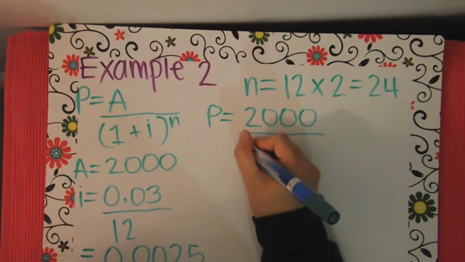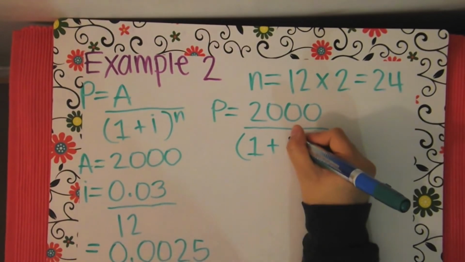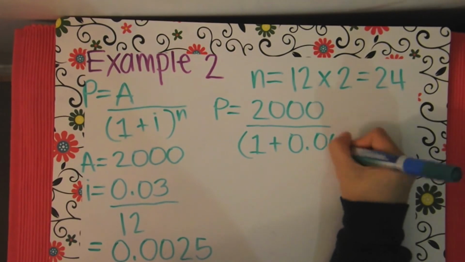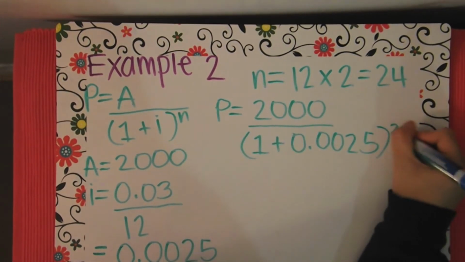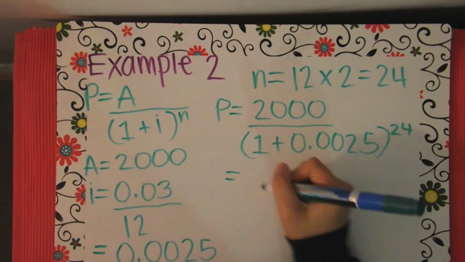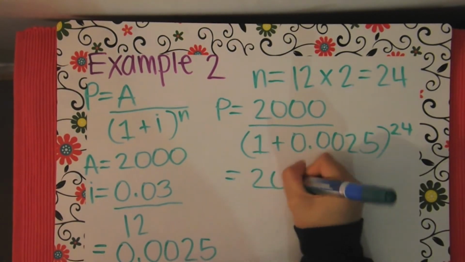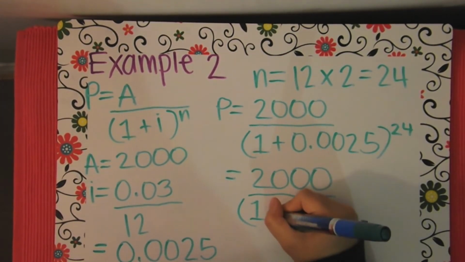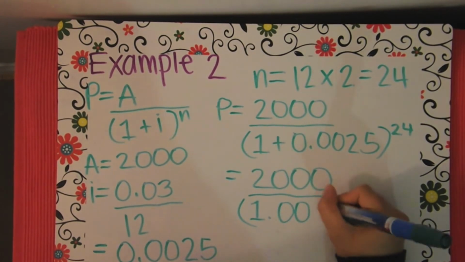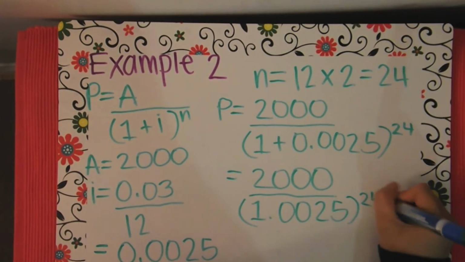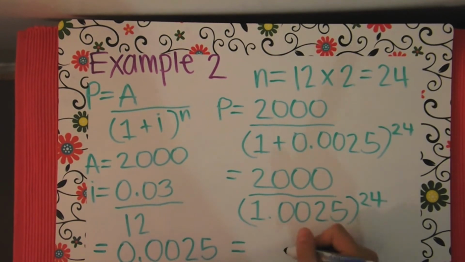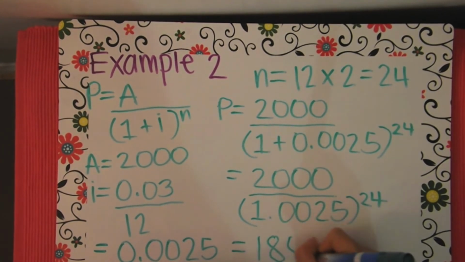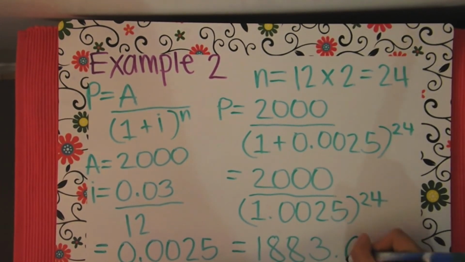Now substitute the numbers into the formula. Your answer should be 1883.67.